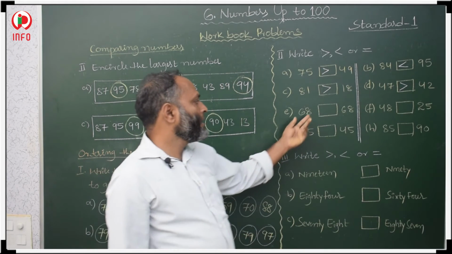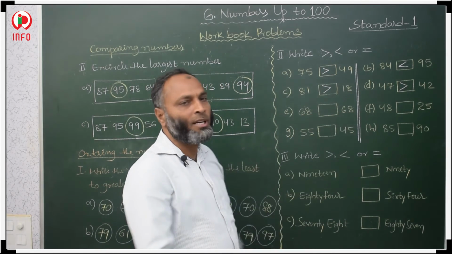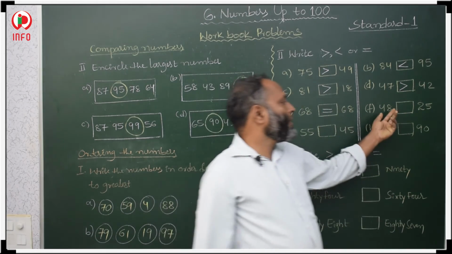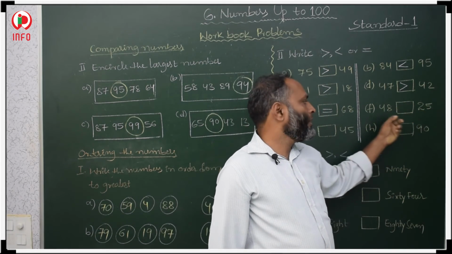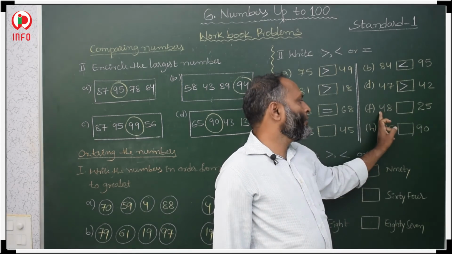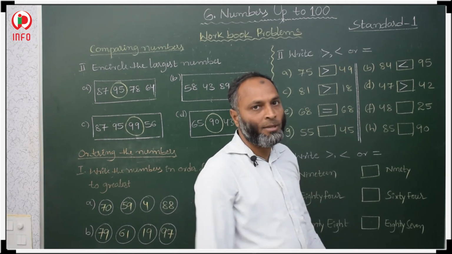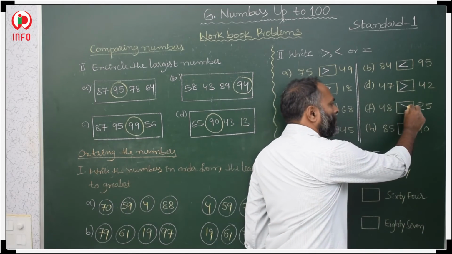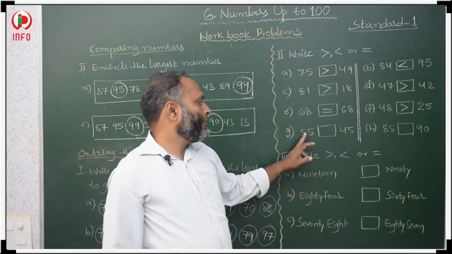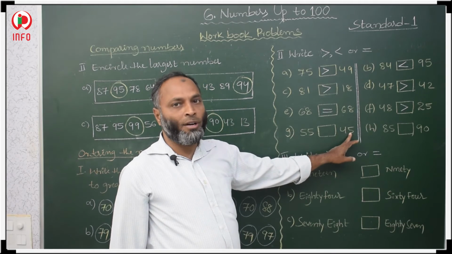The next, 68 and 68, both are equal. It is very easy. Then 48 and 25. Here in the tens place 4 is there, here 2 is there. In 4 and 2, 4 is greater. Means 48 is greater than 25. 55 and 45.